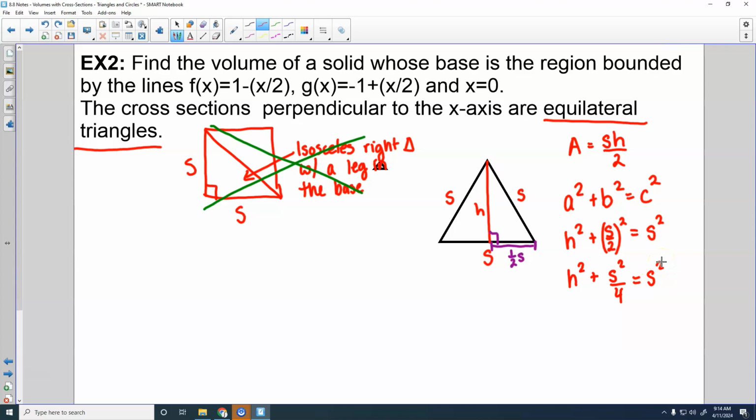What would I need to do next? Move all the s's to one side, so I've got h squared equals s squared minus s squared over 4. Now both of those are s squareds. I can put those together. What am I going to get?